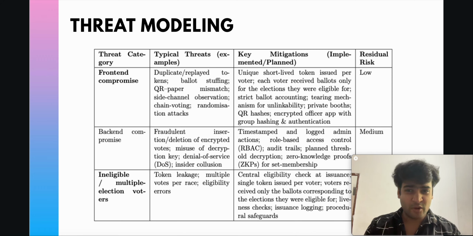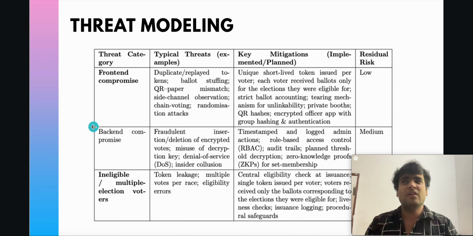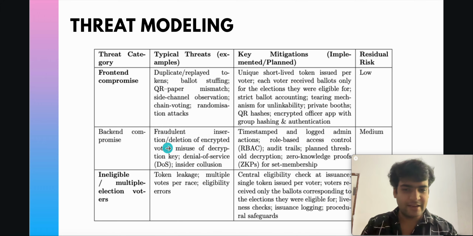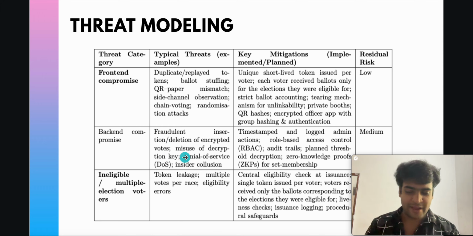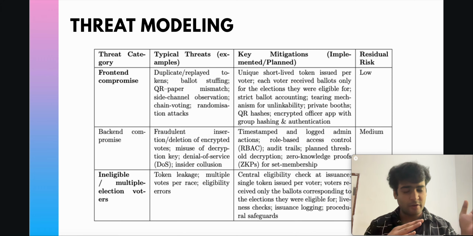This is the threat modeling done by us. There are three major threat categories: front end, back end, and ineligible voters. Let me elaborate on some points, such as denial of service attacks, which are very common. Our system is not network based; it is a completely offline system, and the main reason for that is denial of service attacks.